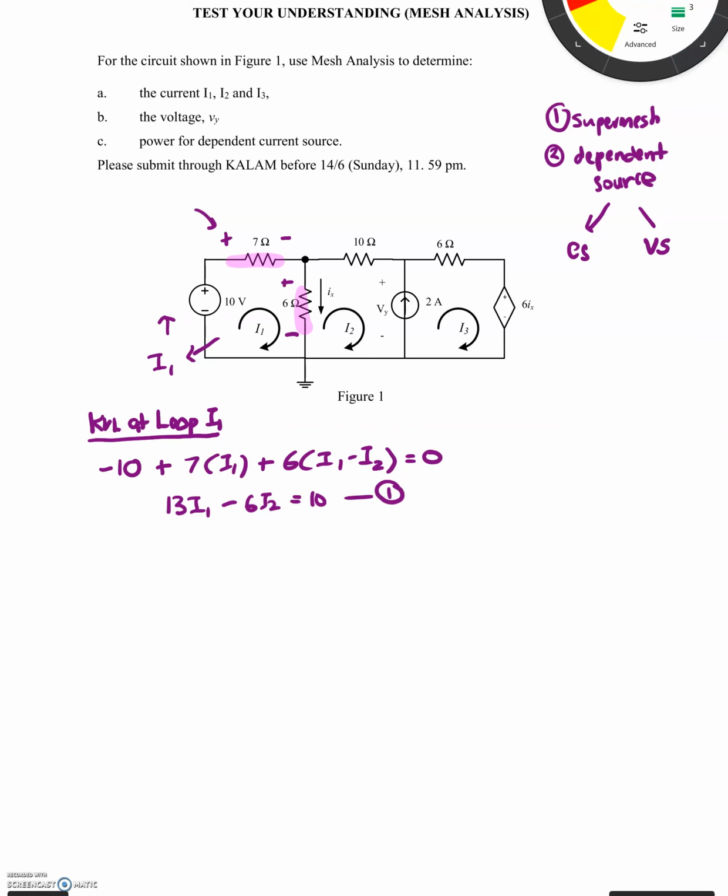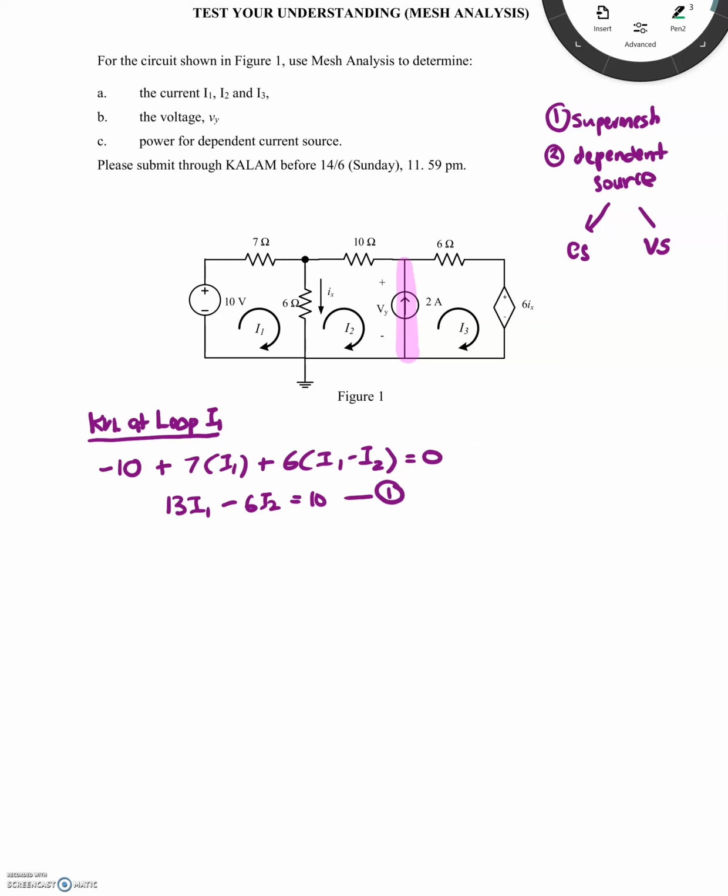Then for the next loop, as you can see, there is a supermesh here. How to identify the supermesh? When you want to do the KVL at that loop, you cannot find a voltage there.